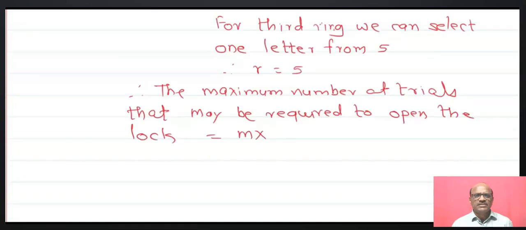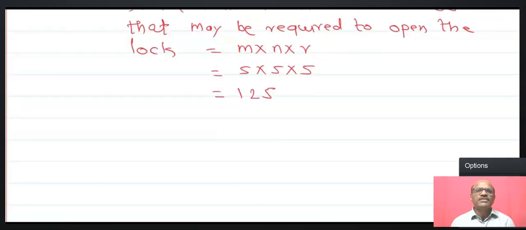Here the maximum number of trials is 125, and in 125 there is one success. Therefore, 124 is the number of unsuccessful attempts. Okay, now we'll see the next example.